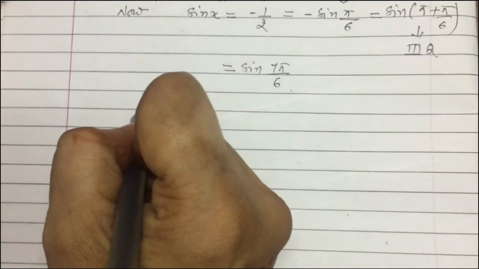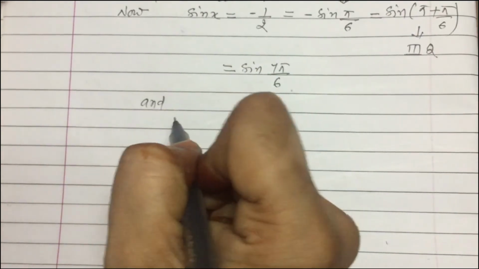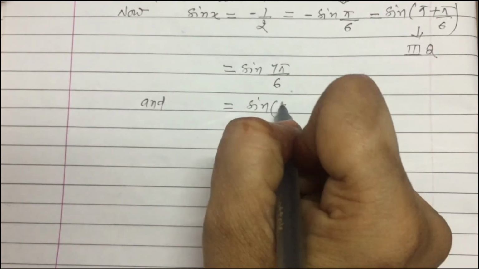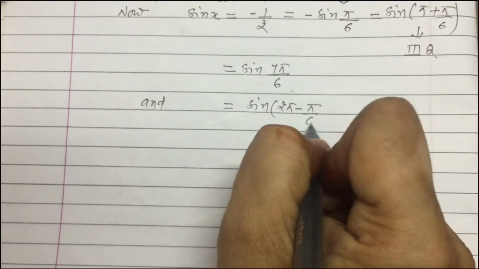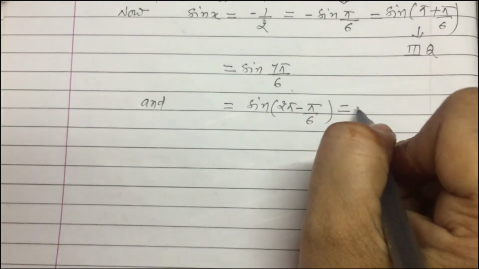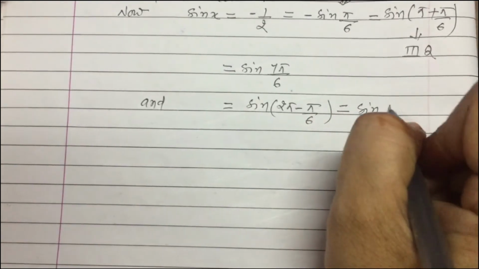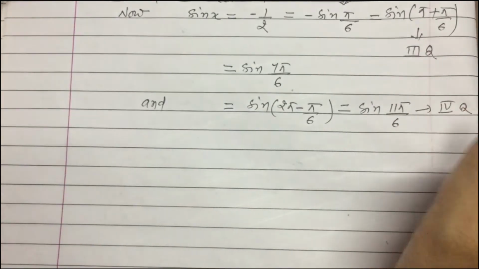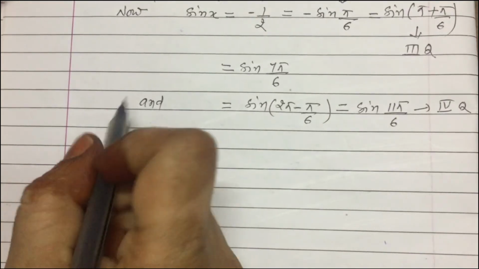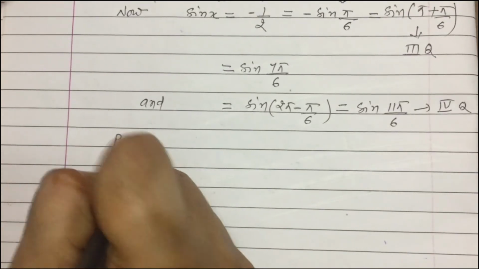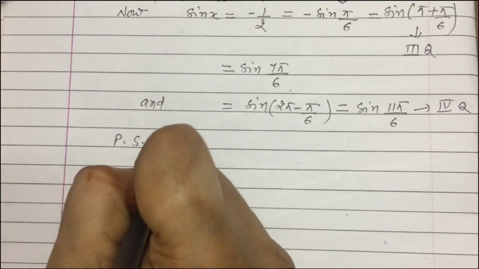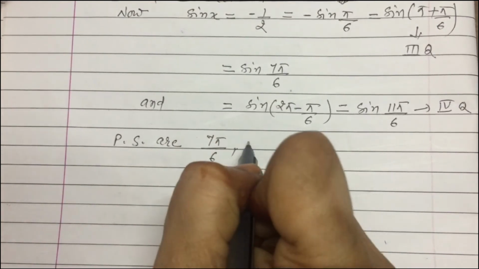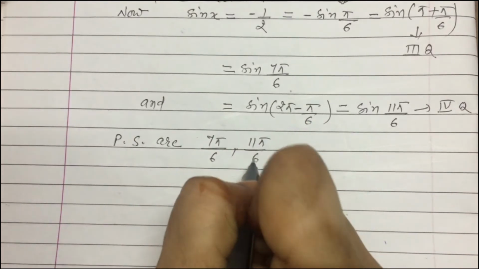So from here we will find sin 7 pi by 6. Okay, and for the fourth quadrant it is sin of 2 pi minus pi by 6. So from here you will get sin 11 pi by 6. Okay, it is in the fourth quadrant. So the principal solutions are 7 pi by 6 and 11 pi by 6.